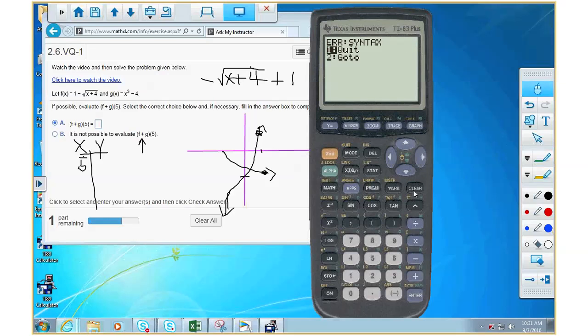I probably got to use parentheses. Hold on. Let me go back to it. You need to put this in parentheses. Insert parentheses here and then parentheses there. Plus 1. I understand why I don't like it. They let me put it in just like it shows it.